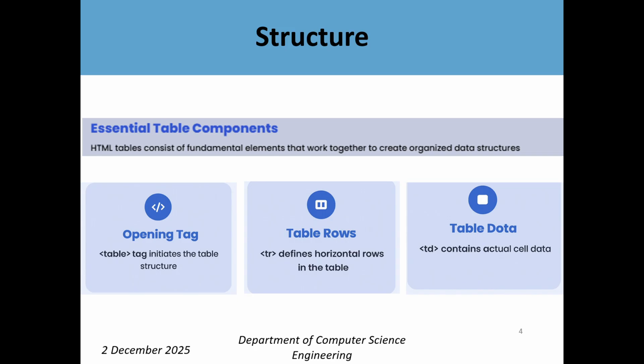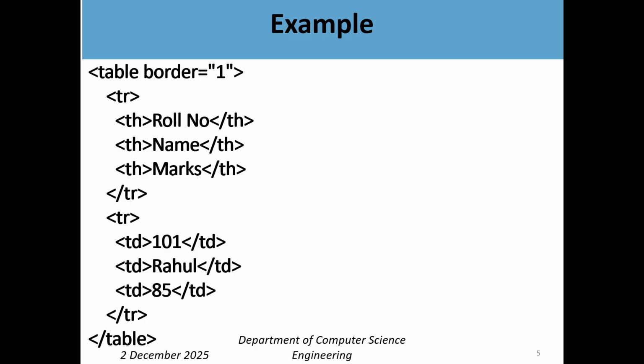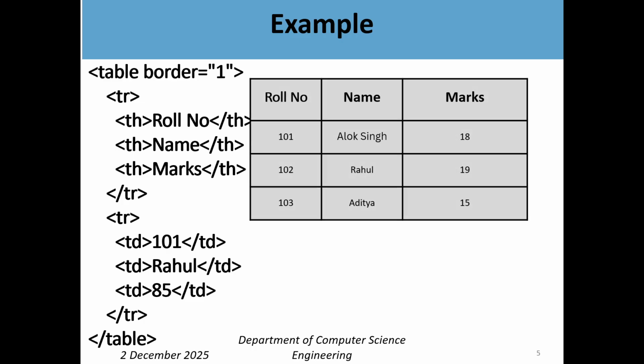Inside it I have used th tags which create the heading of the table: row number, name and marks. In the next row, the td tags are used to enter the actual data of the students: row number 101, name Rahul and marks 85.